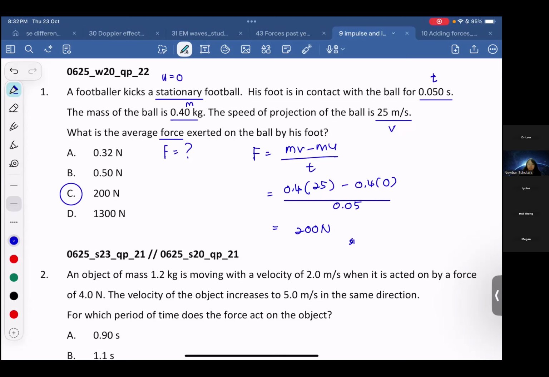Hui Tong, correct. Okay, so those are already okay. You try question number 2 without giving you any hints. Can you try to find out what is the period of time?